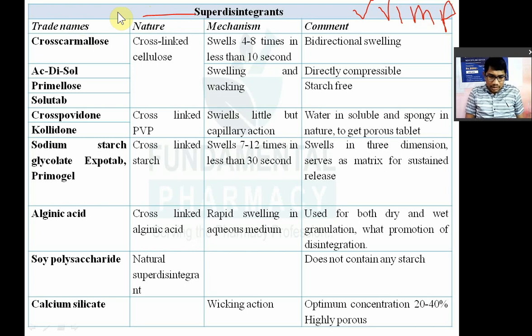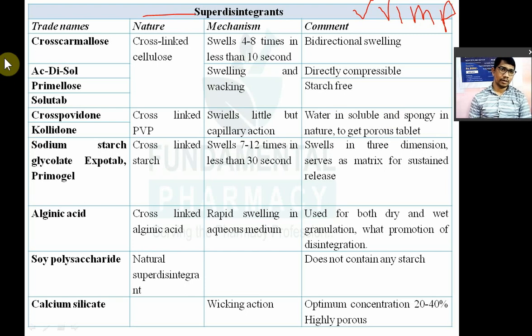They help to break the tablet within a very small time and are used to promote the disintegration of the tablet. So super disintegrant के नाम आपको याद ही होना चाहिए. उसका मैकेनिज्म है, उसका नेचर दिया है और कमेंट दिया है.